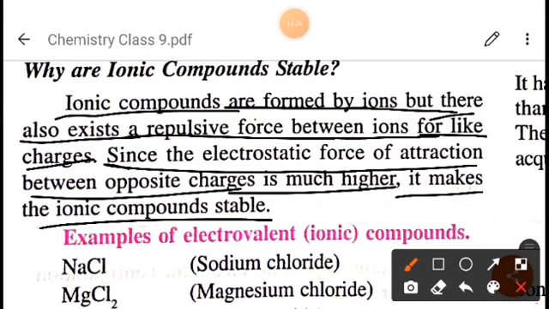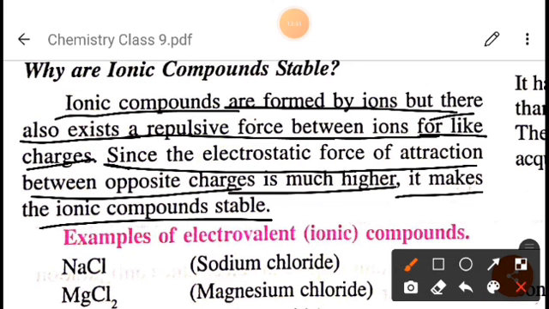And since these ions carry a charge, there will be a repulsion force between them, between the ions, right? But since the positive and negative charges are also there, this electrostatic force is greater than the repulsion.